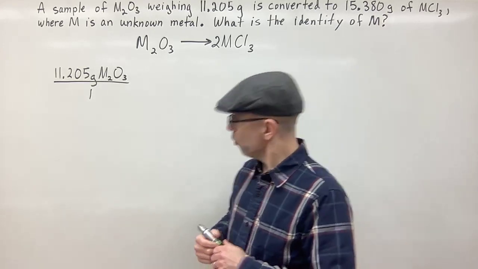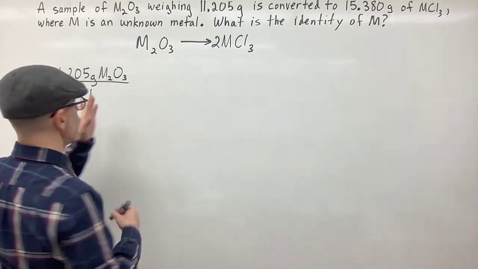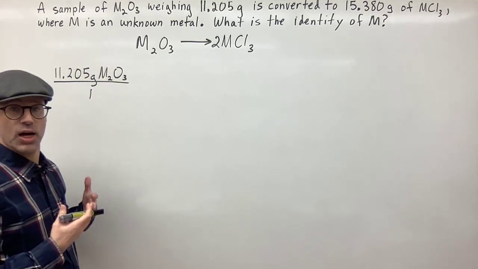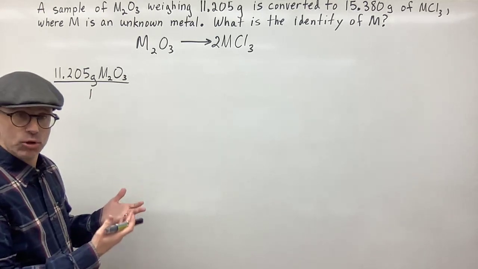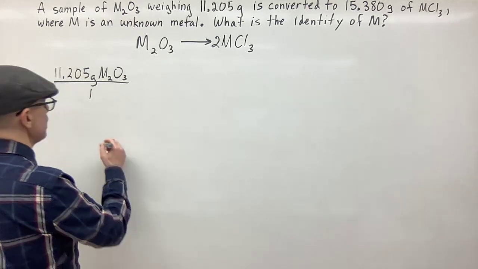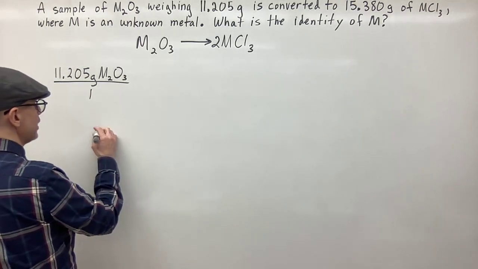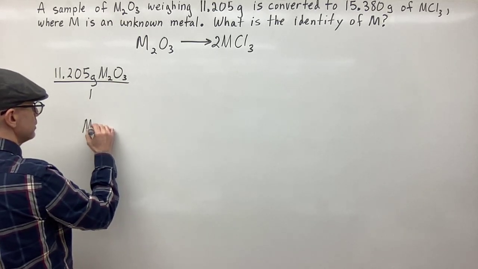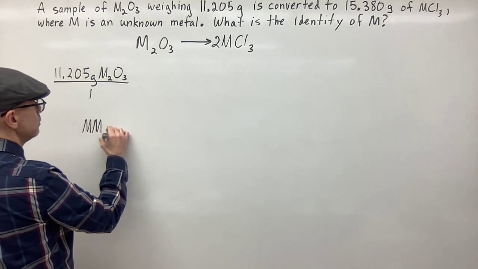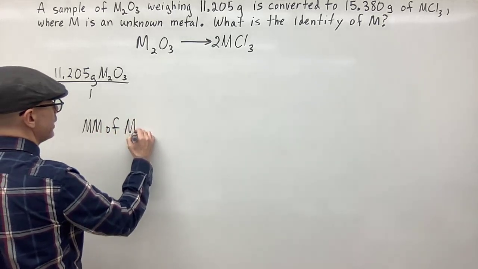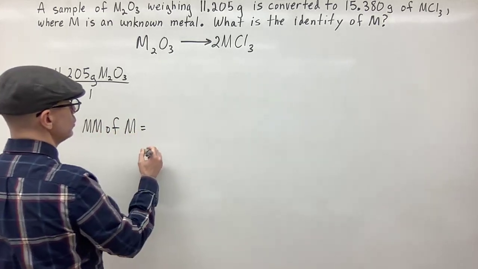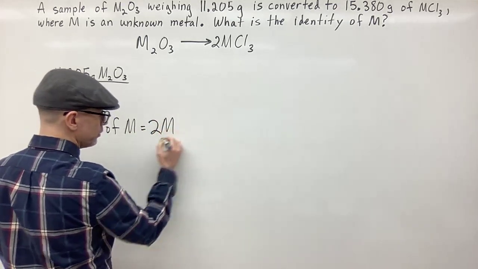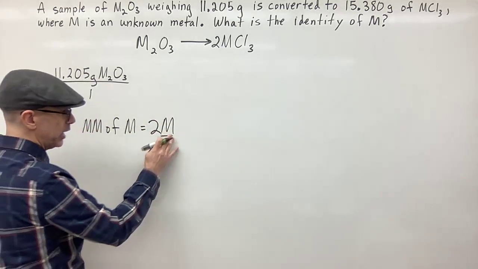So what I can do is write the molar mass of the formula in terms of M, the molar mass of M, right? So what do I mean? If I could add this up, the molar mass is going to be equal to 2 times the molar mass of element M, whatever M is.